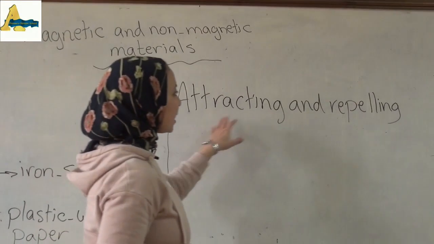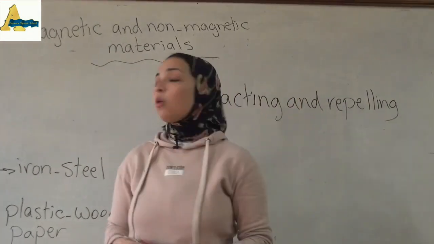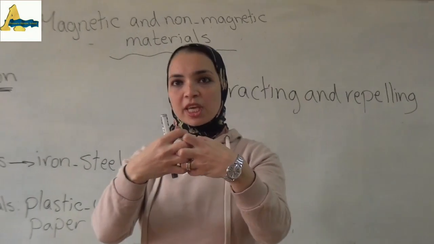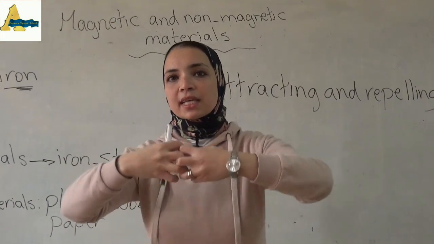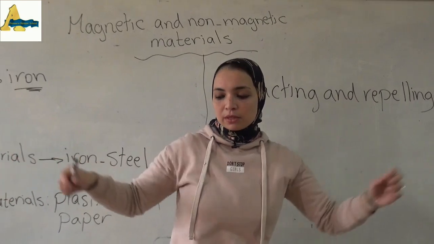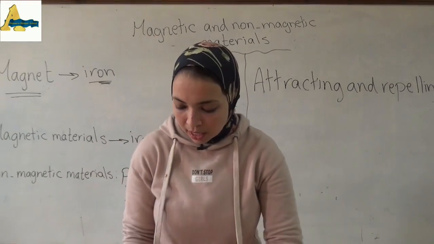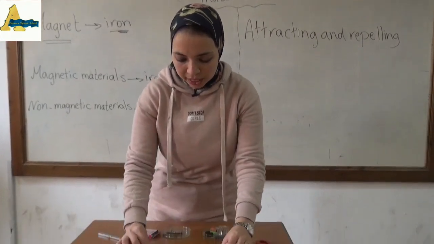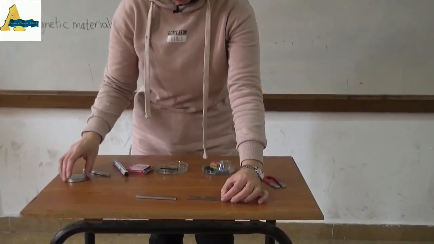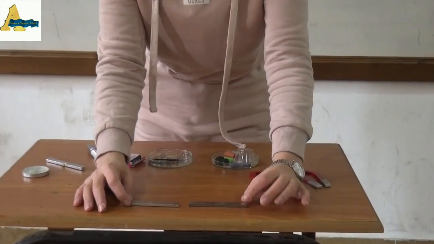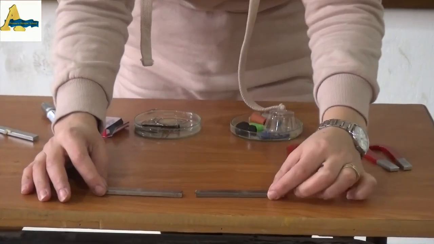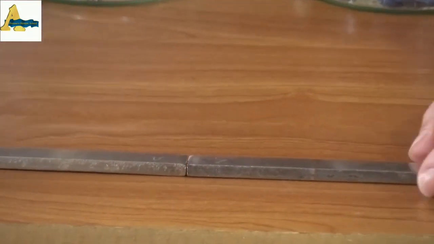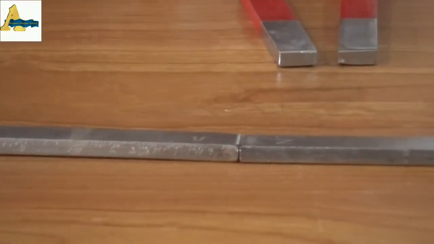What about attracting and repelling? Attracting means that they get close to each other. Repelling means they get away from each other. If I put two magnets close to each other, and I put the north pole close to the south pole, I found that they attract each other.